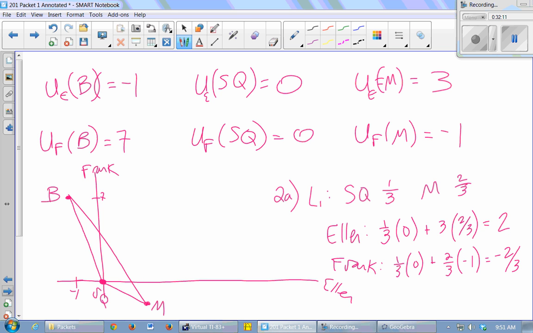So he's not particularly happy with this, right? And then we can plot that point at -2/3. I didn't put things on here, so I don't know exactly where it is. Right about there? In the payoff polygon. Okay. So that is the point that corresponds to lottery 1.